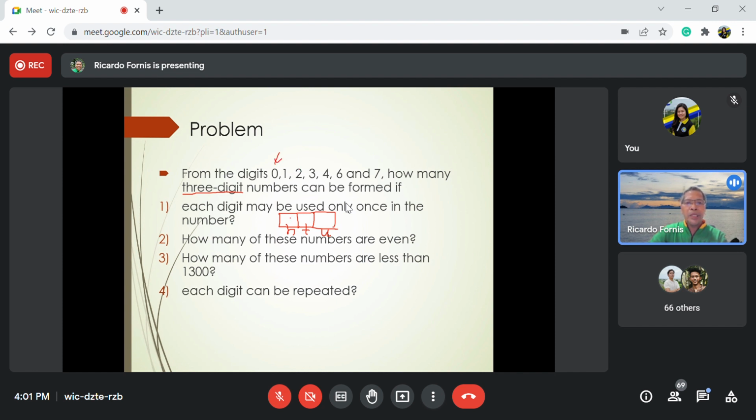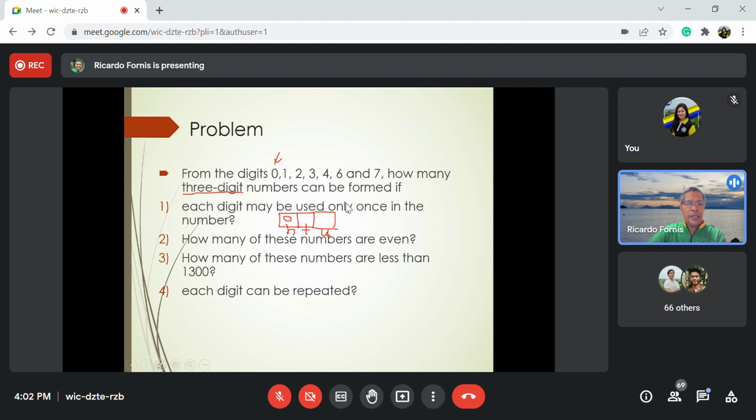If you place 0 here, you are not able to form a 3-digit number. For example, 0, 1, and 2, then you are talking of 12 only. It is not a 3-digit number. Therefore, you cannot assign 0 as the hundreds digit.